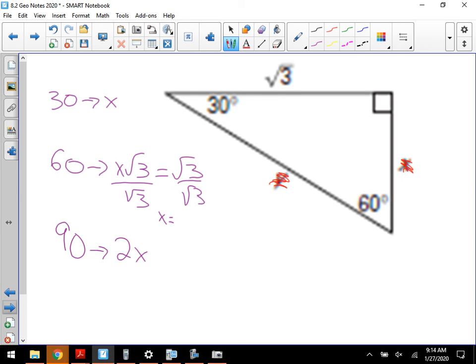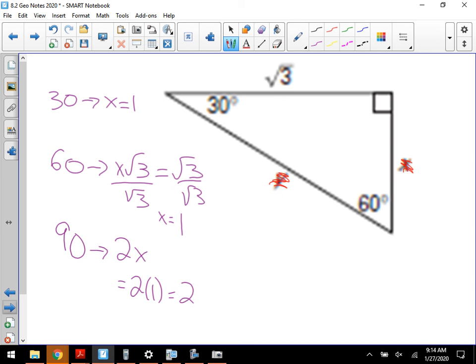Square root of 3 divided by the square root of 3 is how much? 1. So what's your value of x? 1. So that means everywhere I see an x, I'm going to replace it with a 1. The value that's in front of it is a 1.